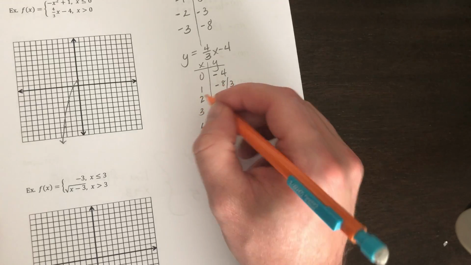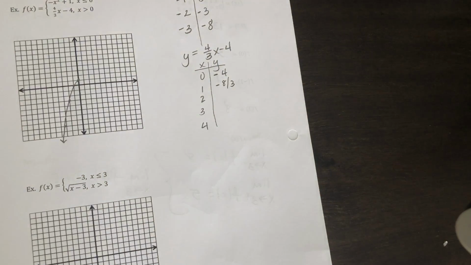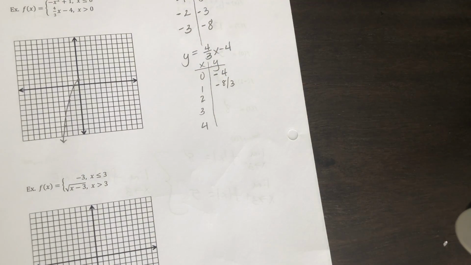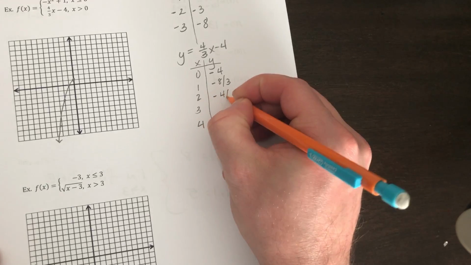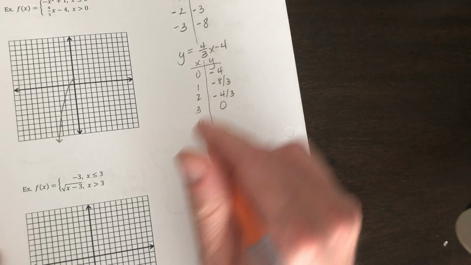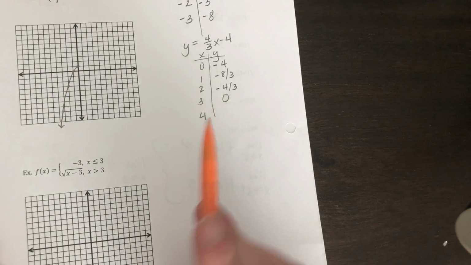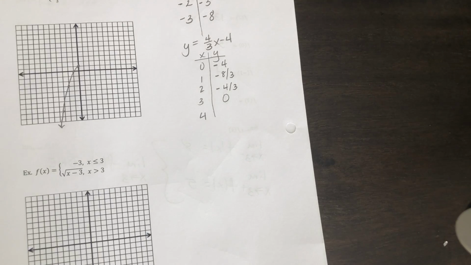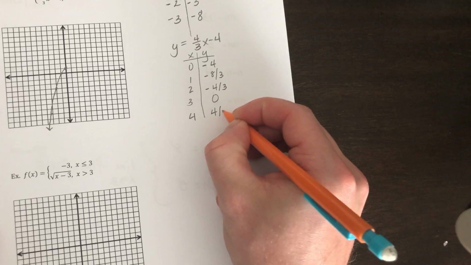Plug in a 2, it's 8/3 minus 4, which is negative 4/3. Plug in a 3, you get 0. And plug in a 4, 16/3 minus 4 is 4/3.